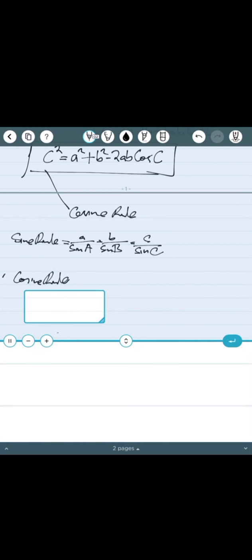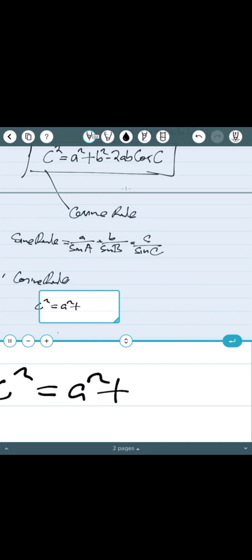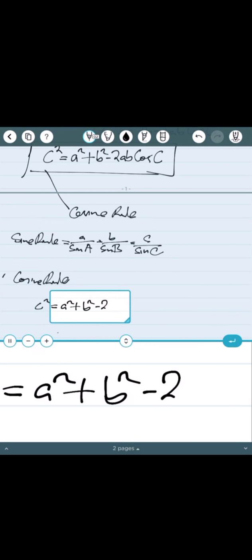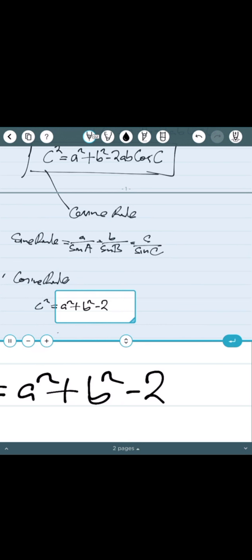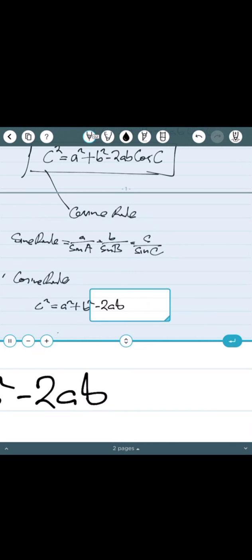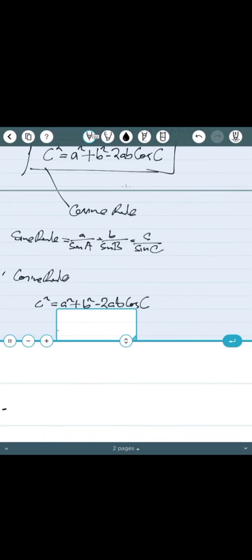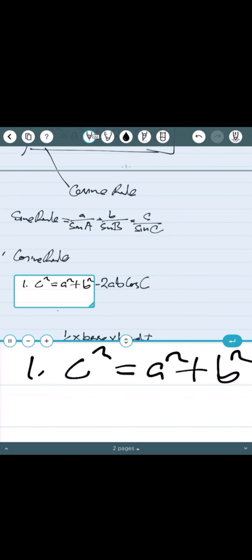It can be the same procedure which we have done. It can be presented as c squared is equal to a squared plus b squared minus 2ab cos c.